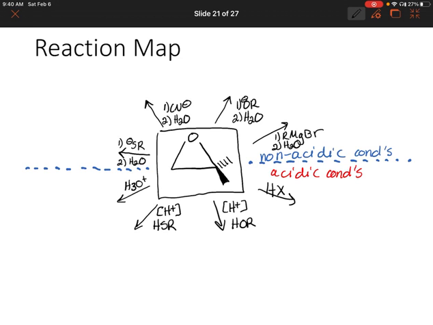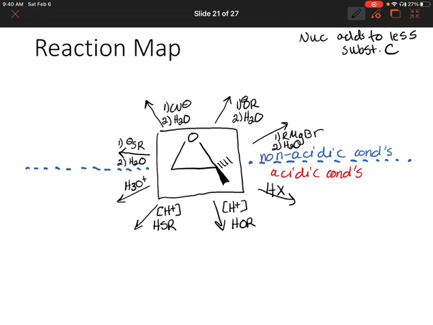All right, so remember that if we're under basic conditions or non-acidic conditions, the nucleophile adds to the less substituted carbon. And that is always true under non-acidic conditions. And again, that's due to sterics.